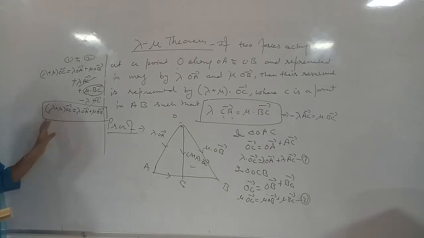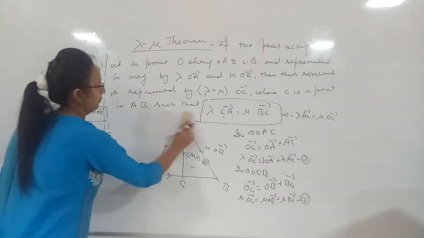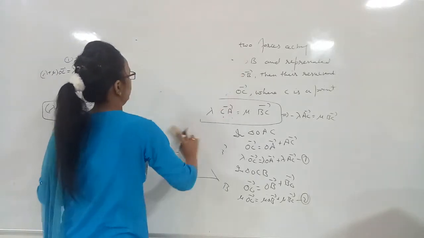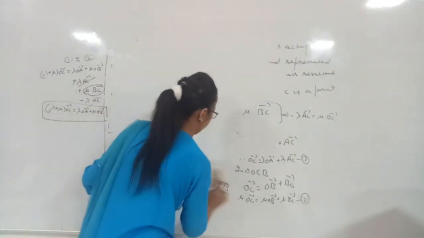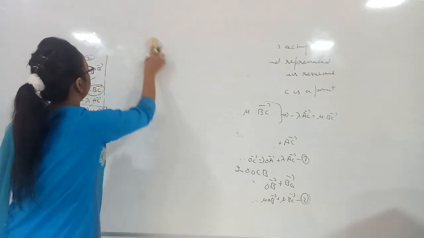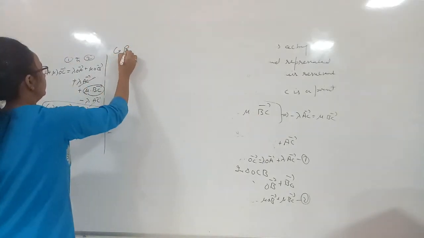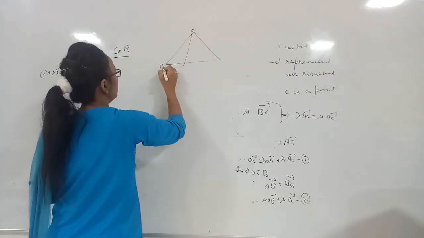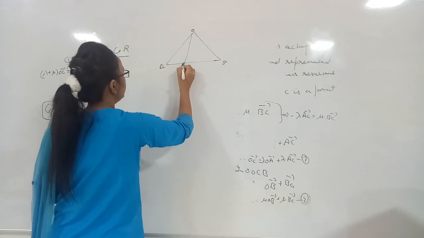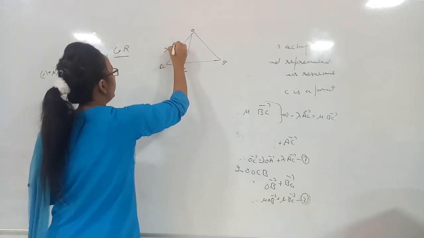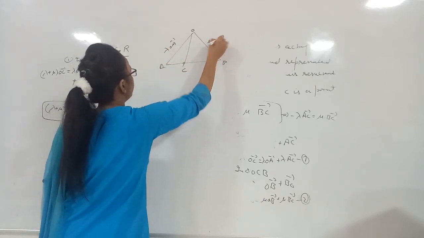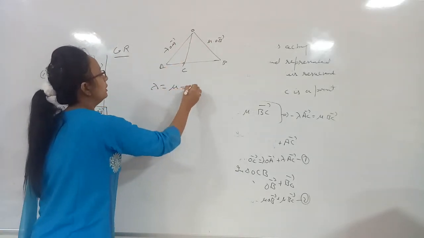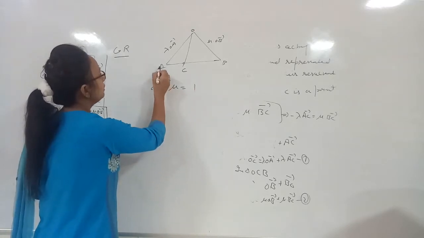Okay. Now we will do one corollary of this result. What is the corollary? In this triangle OABC, with lambda OA and mu OB, if lambda and mu both are 1, what was the result?